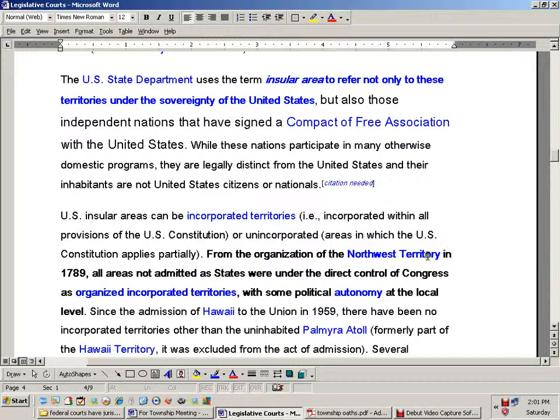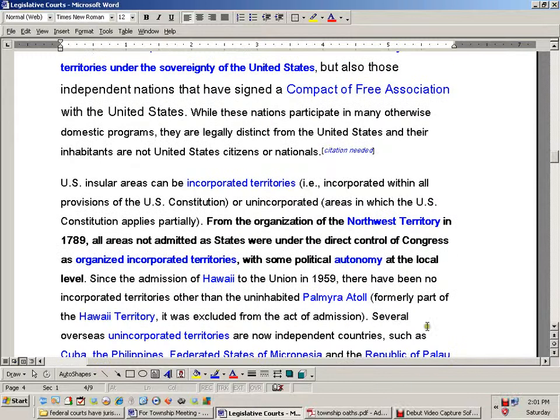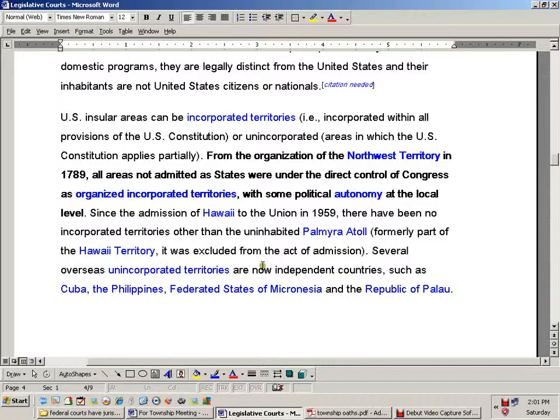Since the admission of Hawaii to the Union, there have been no incorporated territories other than the uninhabited ones. Several overseas unincorporated territories are now independent countries, such as Cuba. Cuba is an unincorporated territory of the United States, but it's a country, I guess.